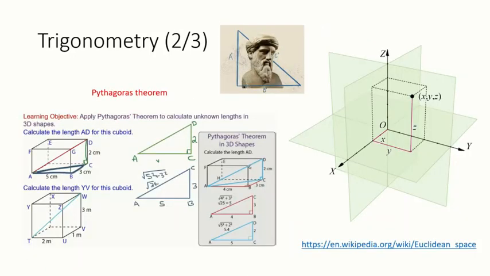Another definition is the Pythagoras theorem. This is even easier. Everybody should remember. The beauty of this theorem is you can apply it to higher dimensions. In this triangle, this is certainly 2D.